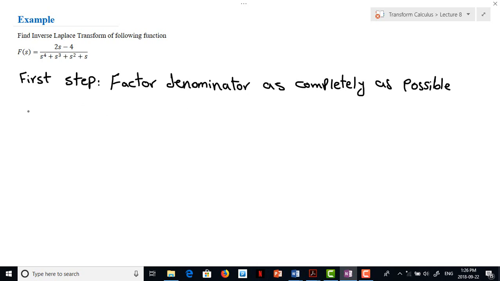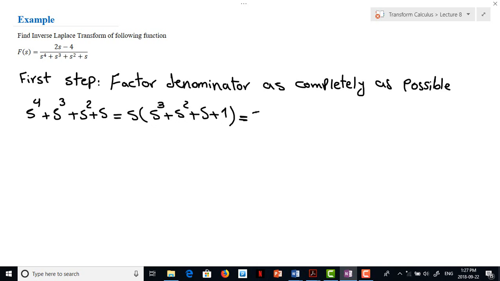So in the denominator we have s to the power of 4 plus s cubed plus s squared plus s. I can factor out s. As a result, we have s cubed plus s squared plus s plus 1. We have to see if it's as completely factored as possible. For sure not. As a result, I try to simplify it.